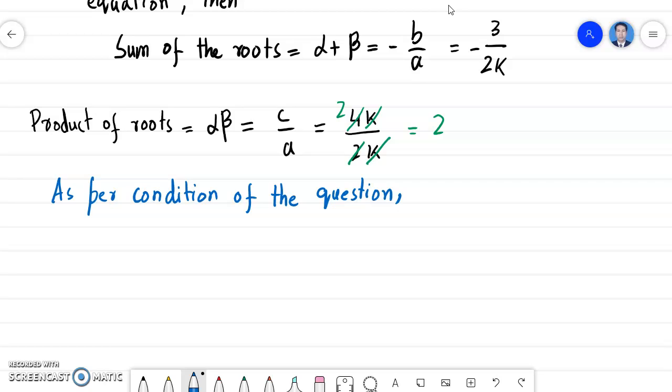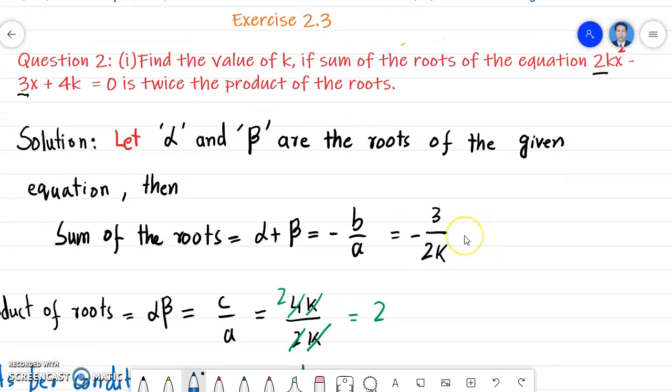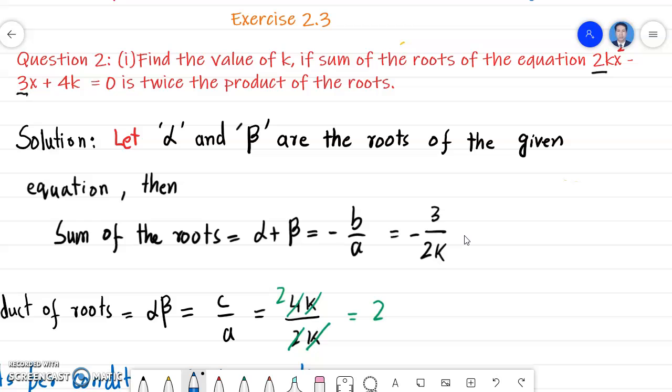That sum of the roots is equals to twice the product of roots. This is the condition of the question. Sum of the roots alpha plus beta, this equal to twice the product of roots. So ये देख लें जरा, कोई कंडीशन लिखी हुई है that the sum of the roots and is twice the product of the roots.